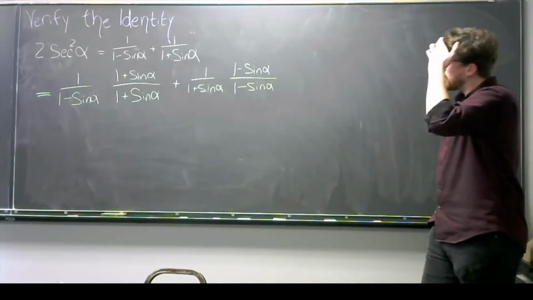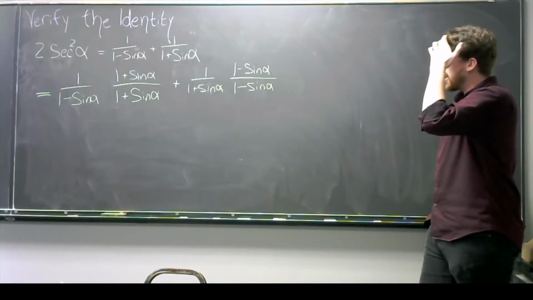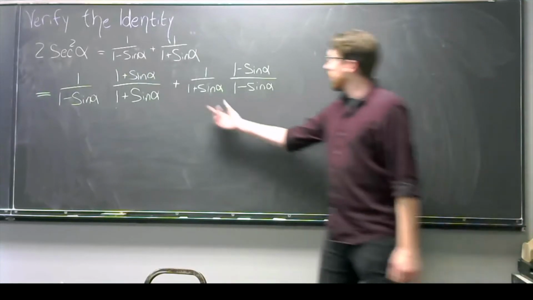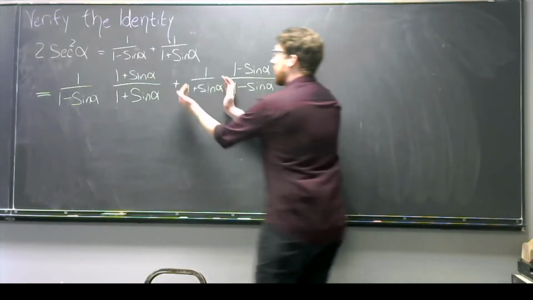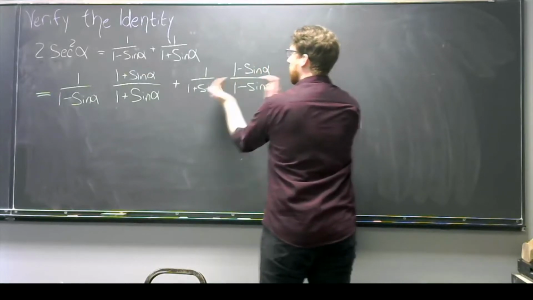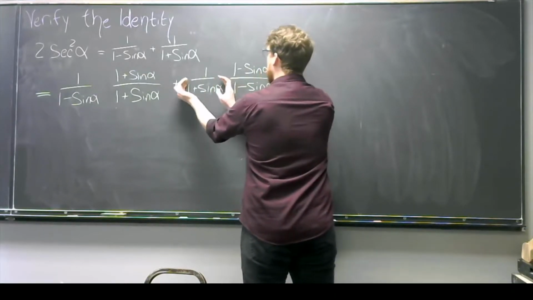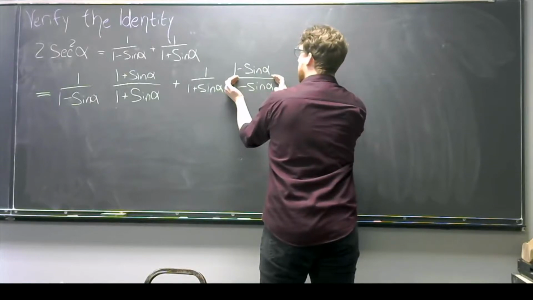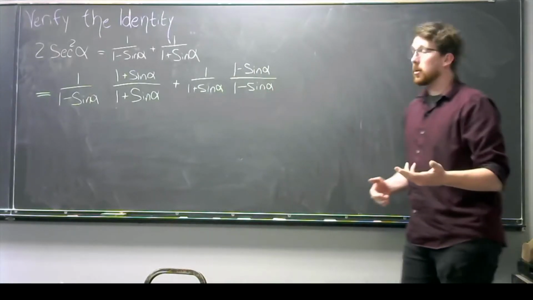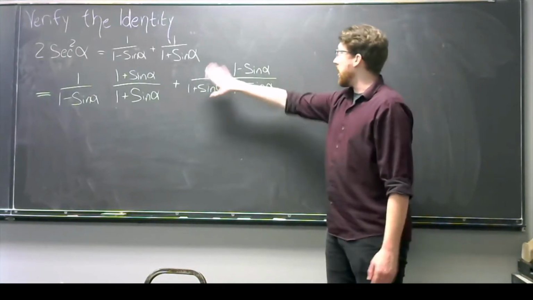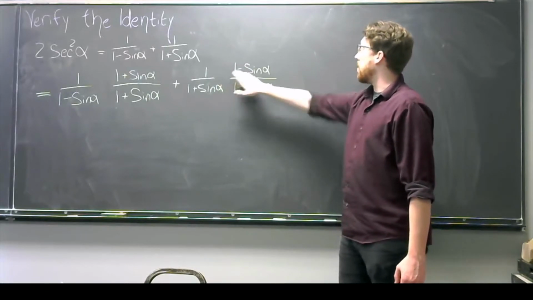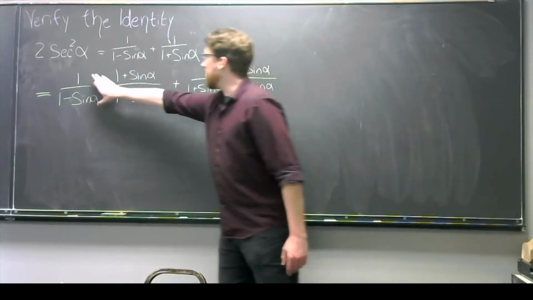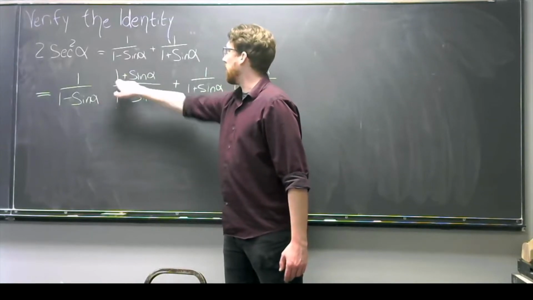Now notice what we're going to get is these denominators are going to multiply together. So we're going to have the quantity 1 plus sine alpha times 1 minus sine alpha in the denominators. And in this numerator, we're going to be left with just 1 minus sine alpha. And in this numerator, we're going to be left with just 1 plus sine alpha.